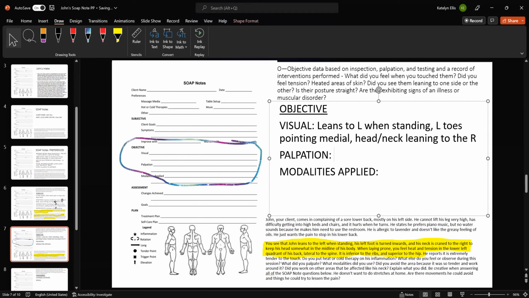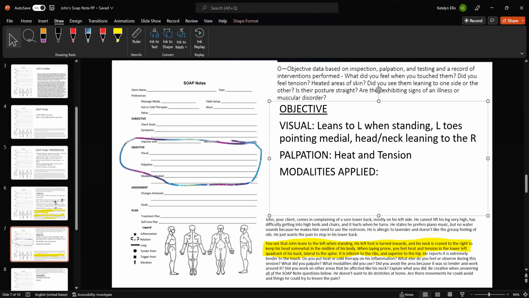Palpation when laying prone. So your client is face down. Remember, prone means face down. You feel heat and tension in the lower left quadrant of his back. So heat, and you can put T for tension if you want. I find that T stands for a lot of things. So usually I just write out tension. If you're taught a shortcut and want to keep it, by all means do so.